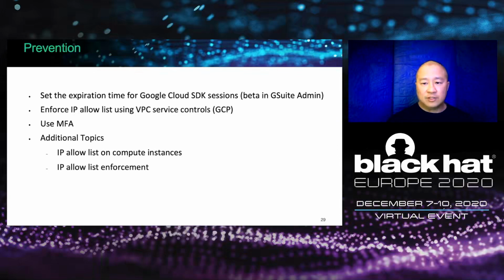You can set the expiration time. We'll go through that. You should also see if you can implement IP allow lists or whitelists. And if you have expiration time set, MFA increases the security of the reauthentication step. And when you go through IP allow lists, don't forget to think about compute instances as well as enforcement.